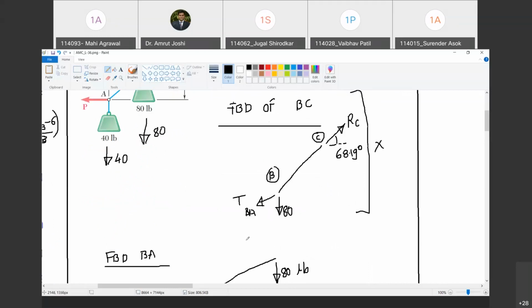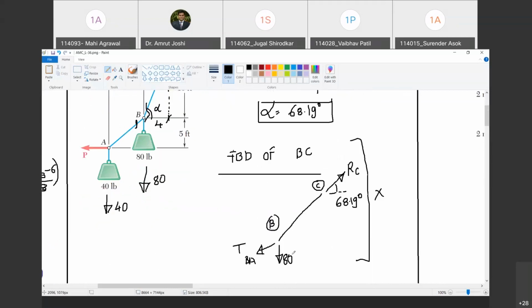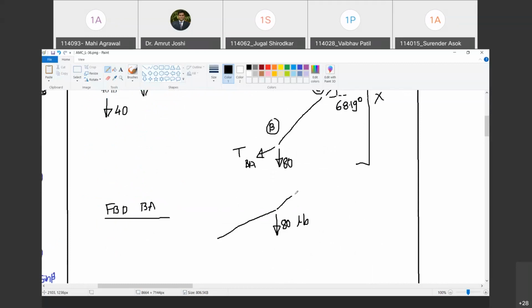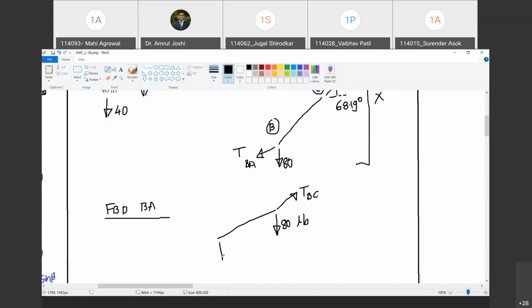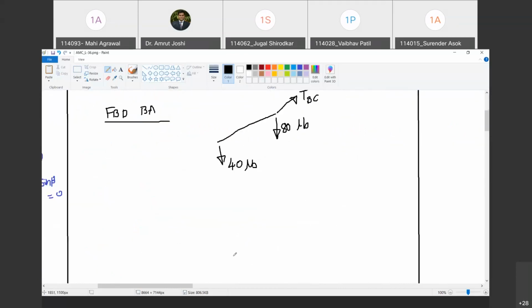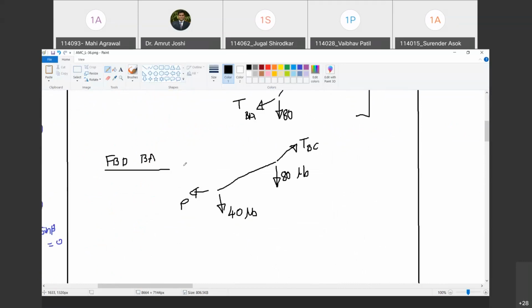Happy? Yes, sir. Then you are going to have force in member BC, tension in member BC. Do you agree with me? Yes, sir. Then you are going to have a 40 pound force. Happy? Yes, sir. And you are going to have P. This is the free body diagram of portion AB.